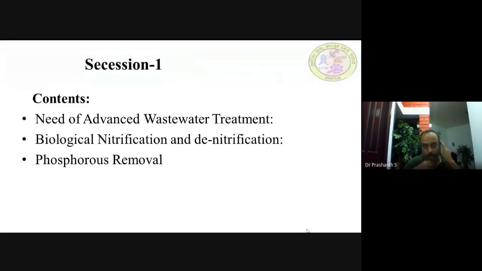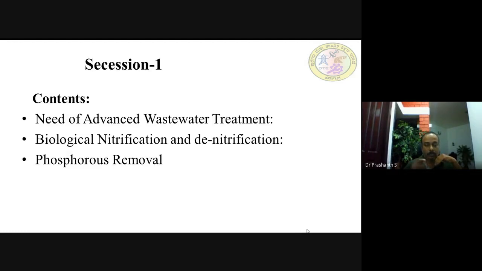session 1. As you know, in module 4, we have discussed the secondary wastewater treatment, especially trickling filter and then activated sludge process.